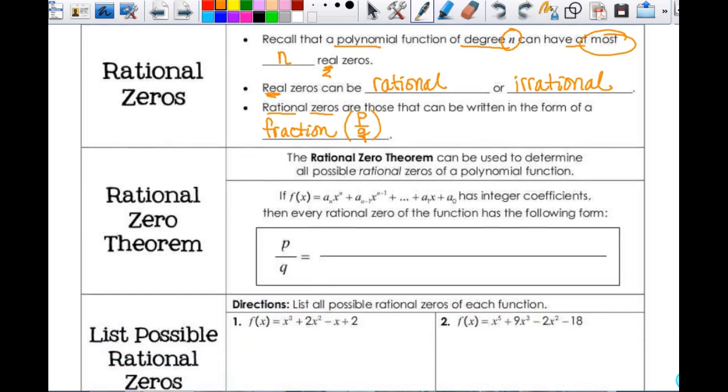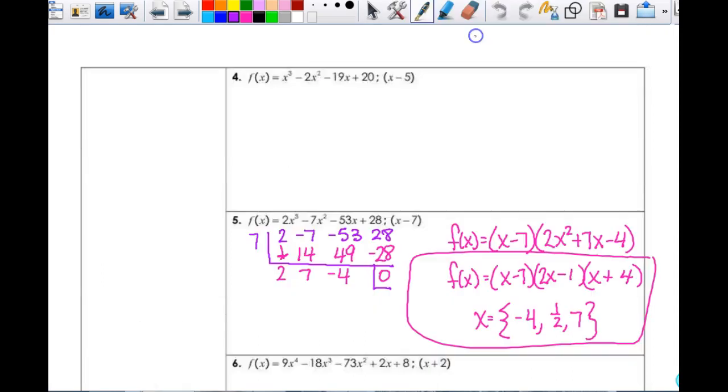So our rational zero theorem can be used to determine all possible rational zeros of a polynomial function. This is good because it gives us a starting place. So I want to remind you of what we were doing last week. This was an example off of your notes from last week where I gave you the polynomial and I gave you one of the roots and we did synthetic substitution, right?